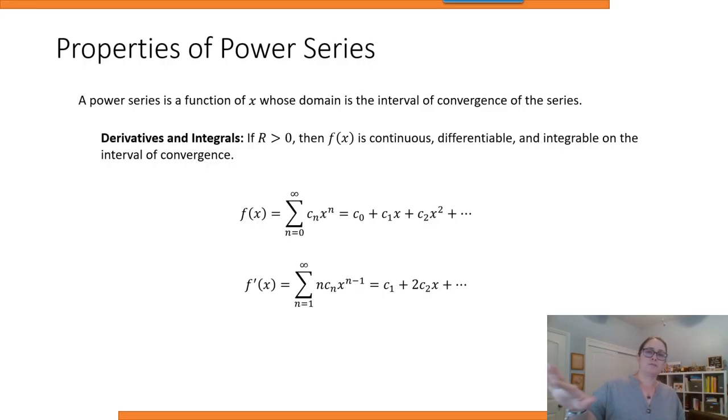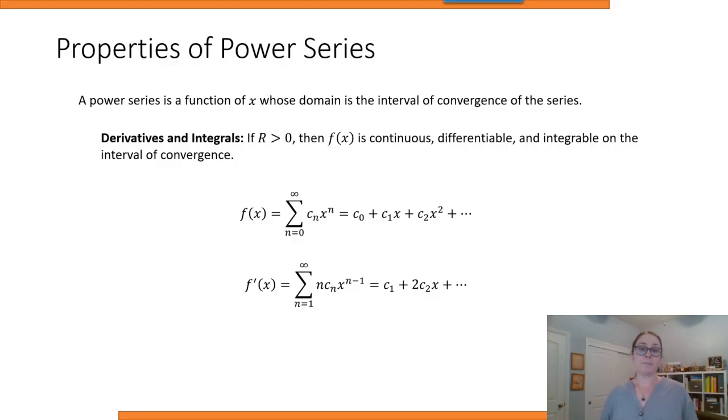Now, I wrote out the first few terms of these series to show why the starting value changed. I started out with a series that was at n equals 0. And because our first term was c sub 0, and then plus c1x, and so on. But when I took the derivative of that c0, well, I get 0.